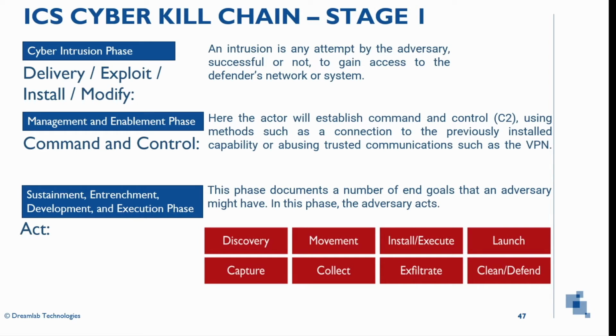The management and enablement phase, where a persistent communication is established, a command and control, for example. And finally, the sustainment, entrenchment, development, and execution phase, where different activities are carried out that will help to fulfill the goals of the attackers.